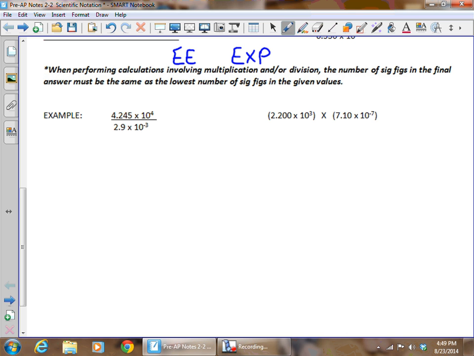And by the way, on the graphing calculator, that EE button is the second comma function. So you'll need to look for that. Some calculators say times 10 to the n. And if it's not one of these, you're going to have to get with me and let me help you figure out what your E button is.